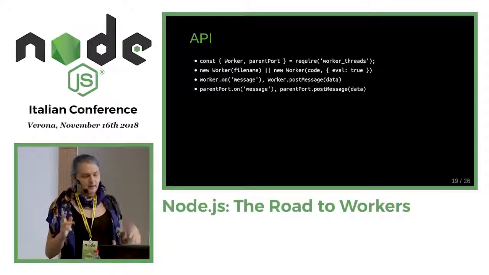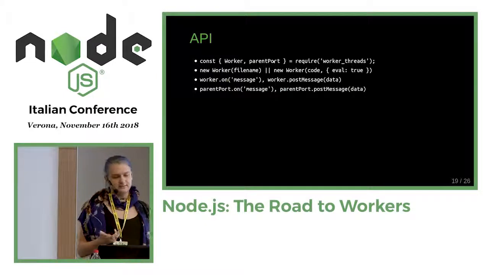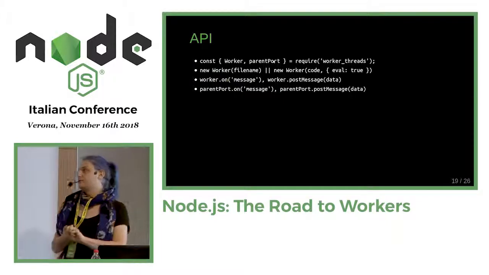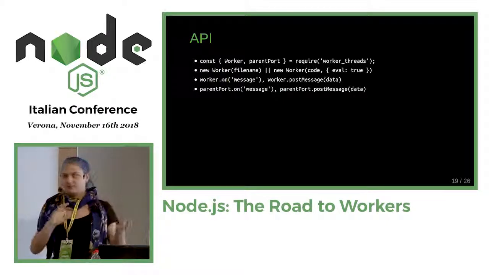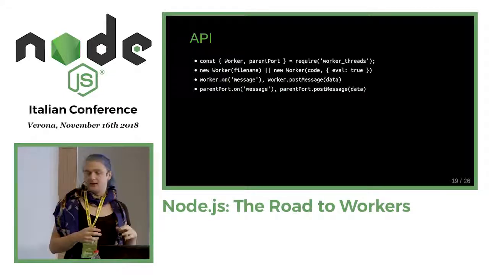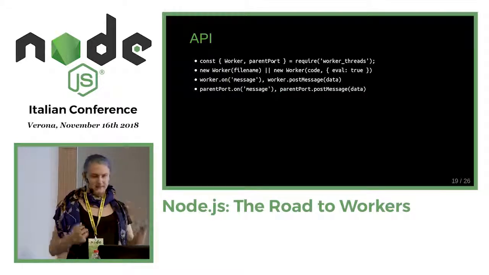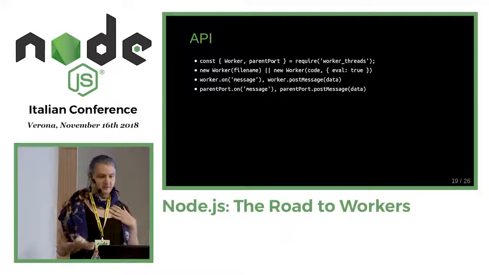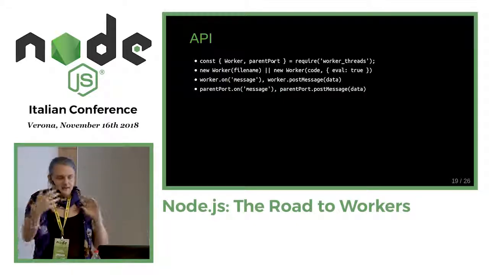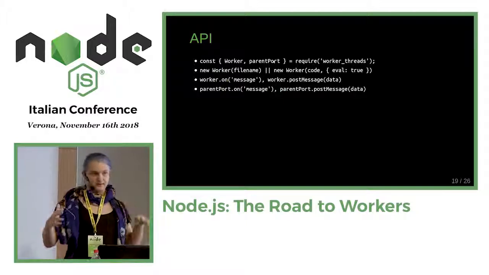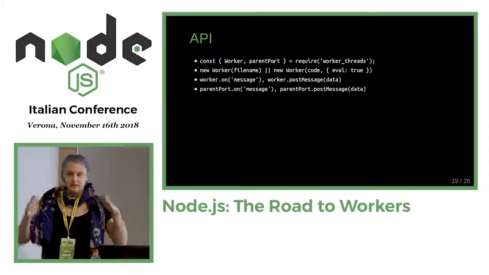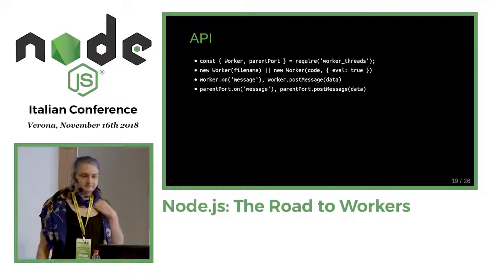You can create workers by either specifying a file name, similar to what we do with web workers, where you pass a URL to some script that you want to load, or you can pass the eval: true option, and so you can actually just put a bunch of JavaScript code as a string in there, and it's going to run that code inside a new thread.